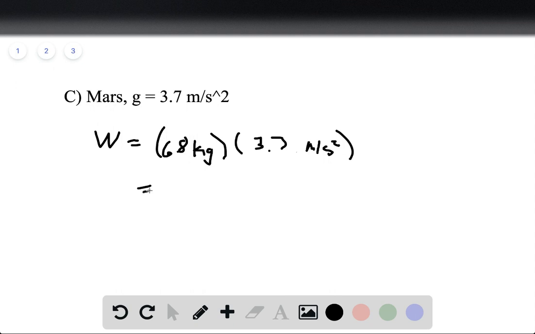And the answer you should get for that, just plugging into a calculator and approximating, is 250 newtons.